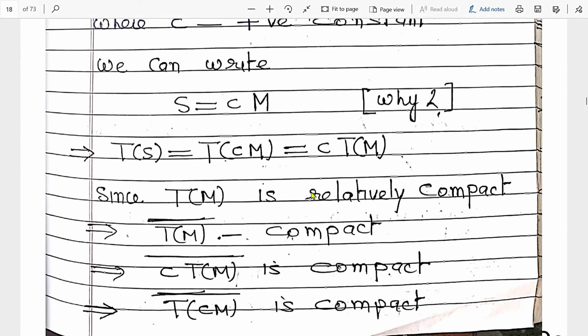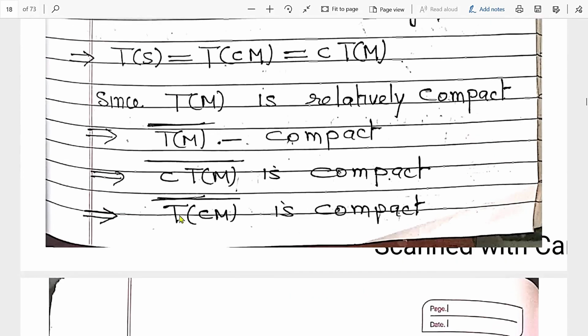T of M is relatively compact, that is given. If it is relatively compact, then its closure is compact. If we multiply by C, then again it is compact. So it implies the closure of T of CM is compact, right?